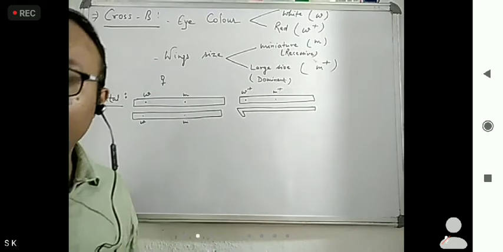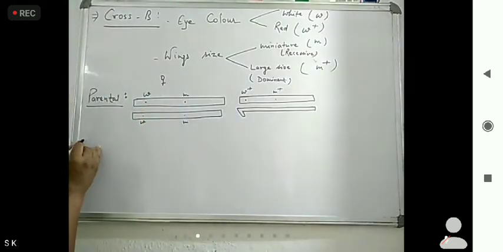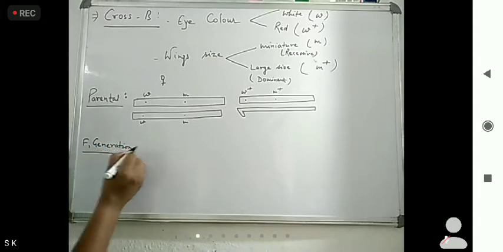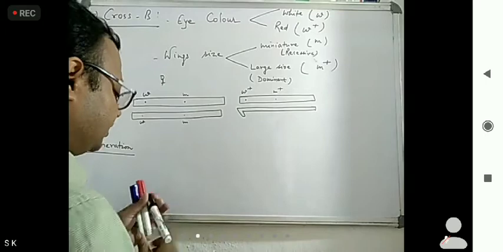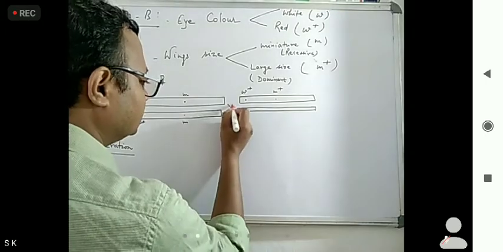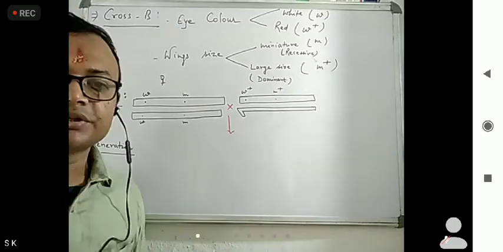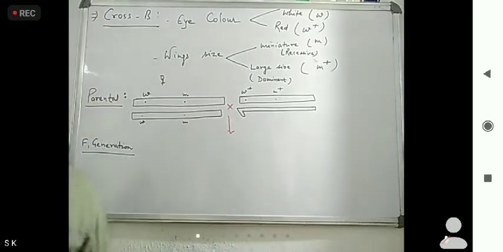Now we will see the F1 generation. In the F1 generation, crosses are made between these two, and then offspring came in the F1 generation.